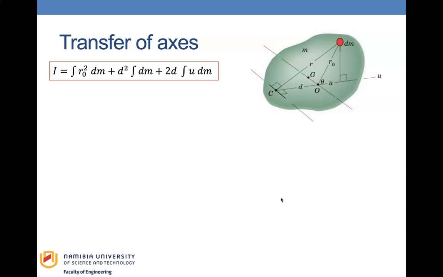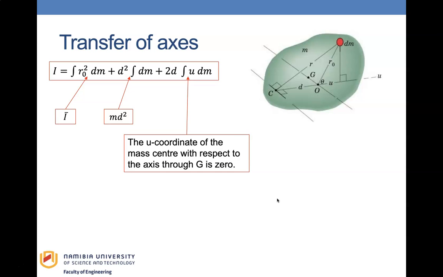The first integral is the moment of inertia about the mass center. The second term is m d squared, and the third integral is equal to 0 because the coordinate of the mass center with respect to the axis through G is 0.